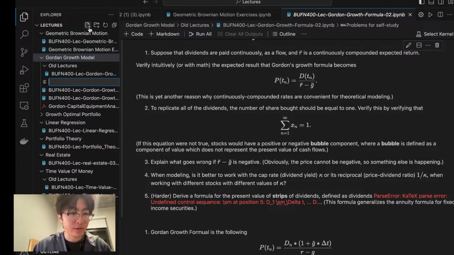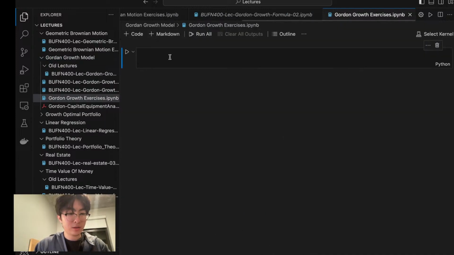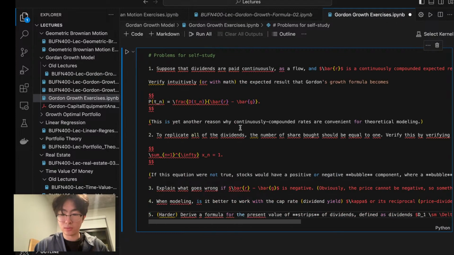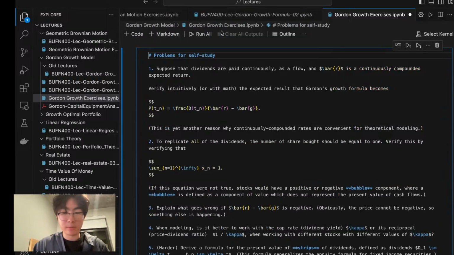Gordon growth model. Let's create a new file, so call it Gordon growth exercises.ipynb. Okay. Ooh, we want this to be markdown.